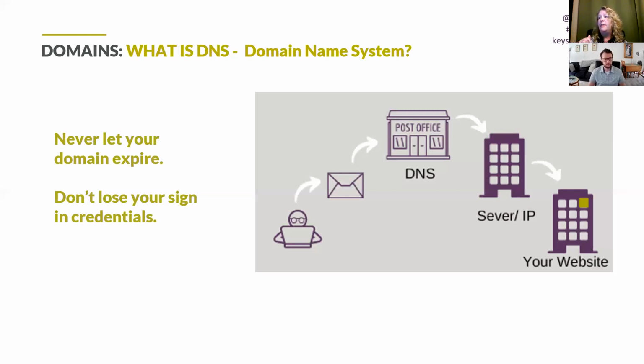Then they find out that the server is maybe in the Marshall building where our offices are. And then finally it gets to our server, suite 307. Yes, that's our server. So that's how people find us: your domain name registrar is hooked up to this naming system called the DNS, or domain name system.